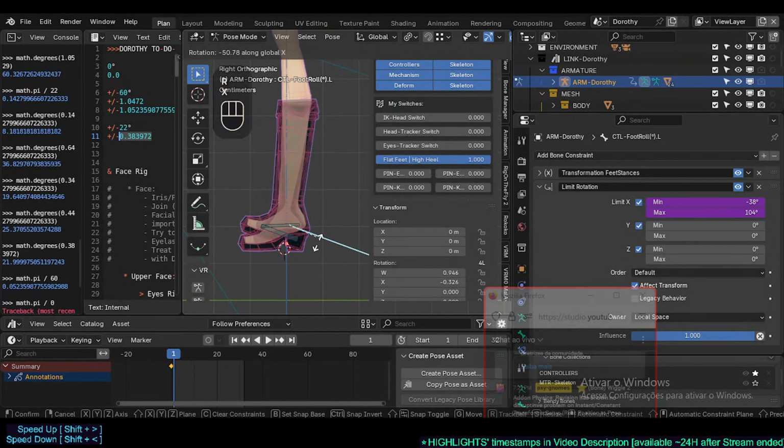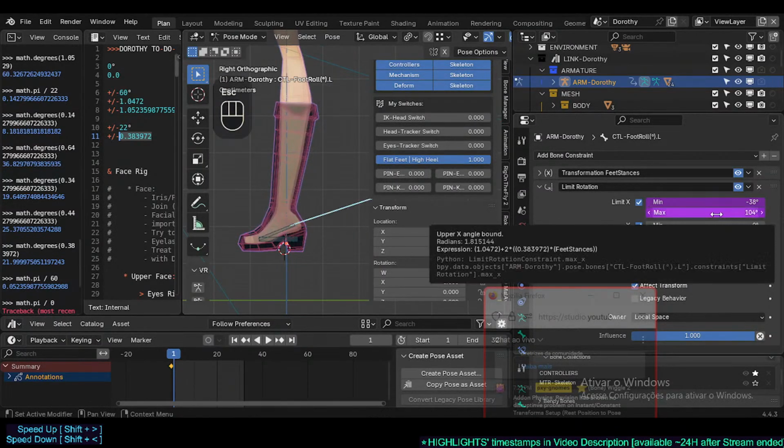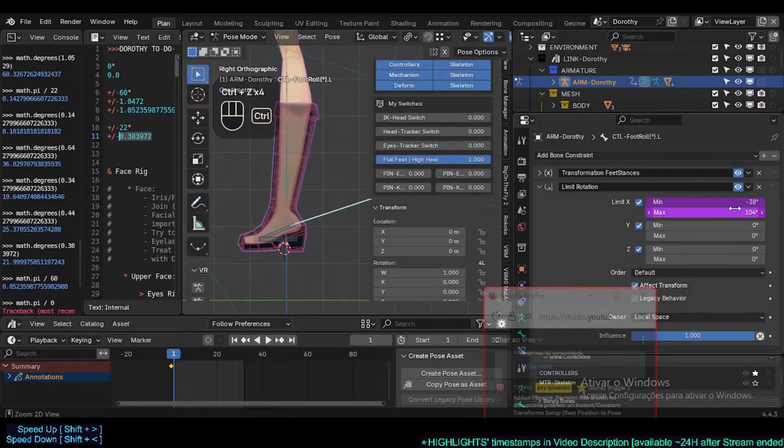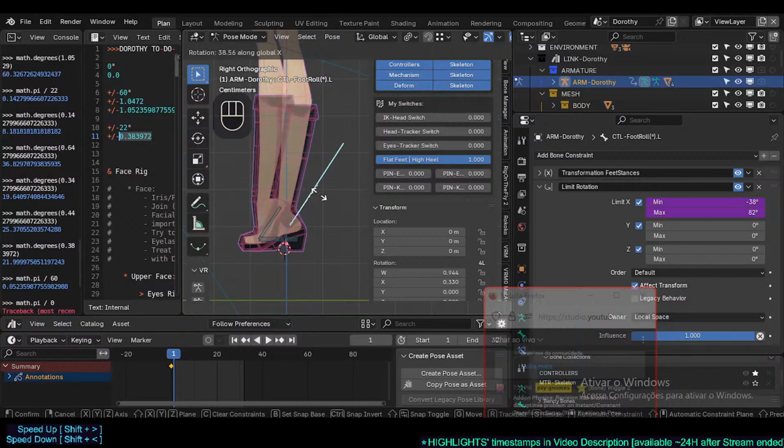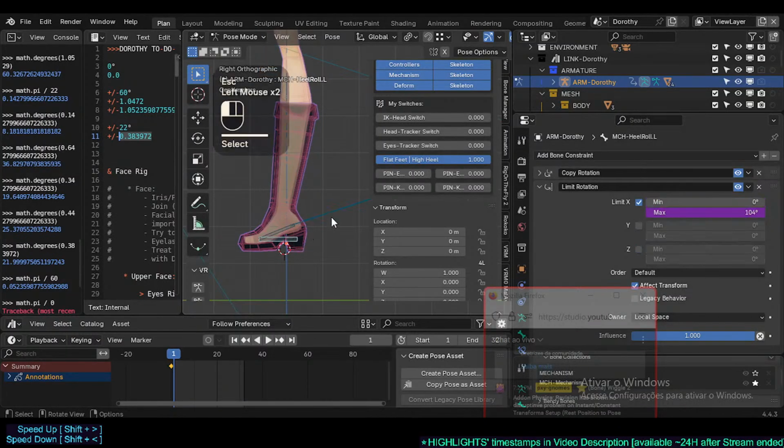No. It's just its max. Oh no, I'm editing the wrong one. Great. So here. This is not changing, very weird.